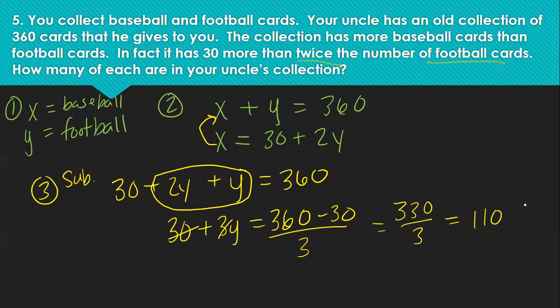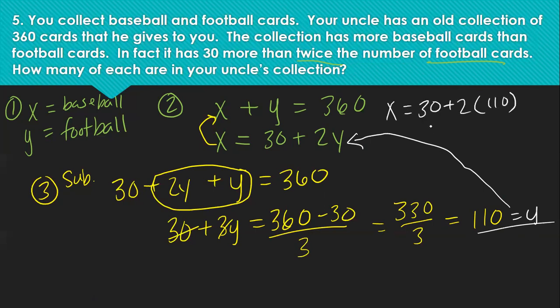So we know that y equals 110. If we know y, then we're going to plug in and solve for x. 30 plus 2 times 110 is 30 plus 220, which is 250.